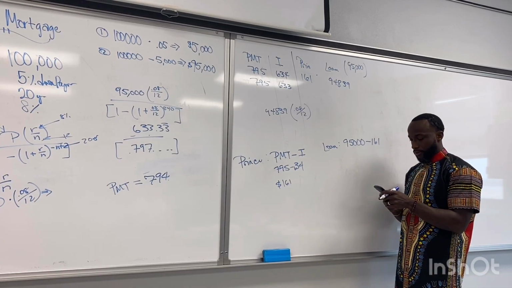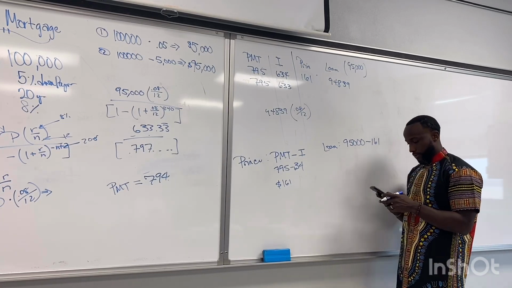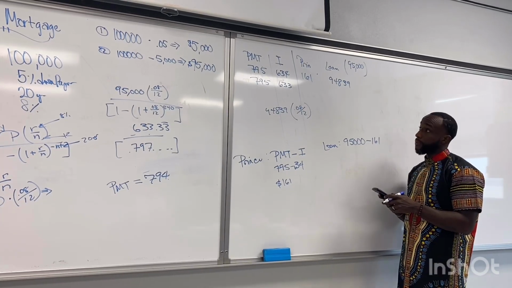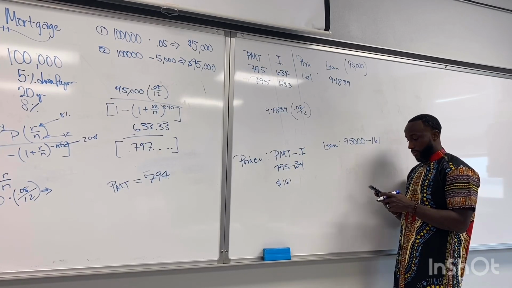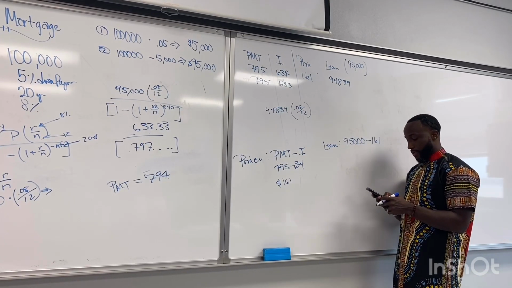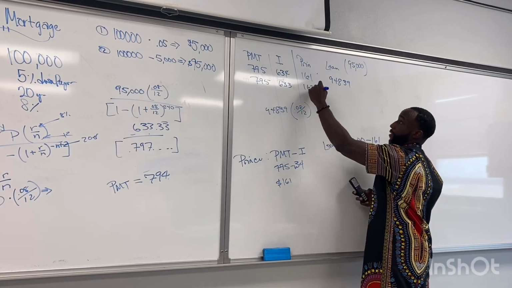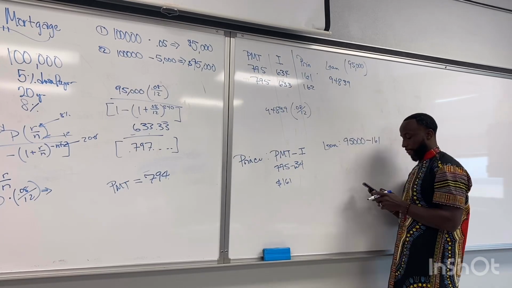Notice that. Going on, 795 minus 633 is 162.